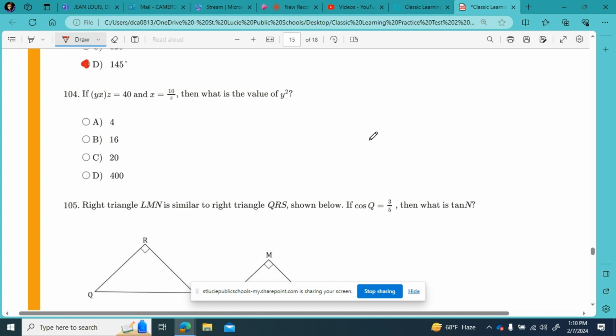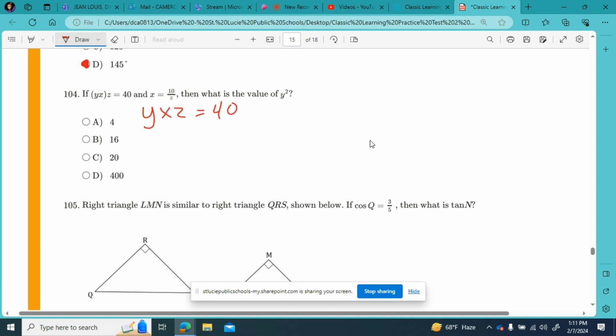So we need to find what y is. We can take yxz equals 40, and I got rid of those parentheses because all of those operations are just multiplication, so it doesn't matter what order you multiply in.